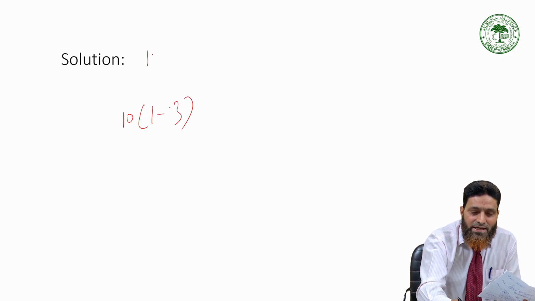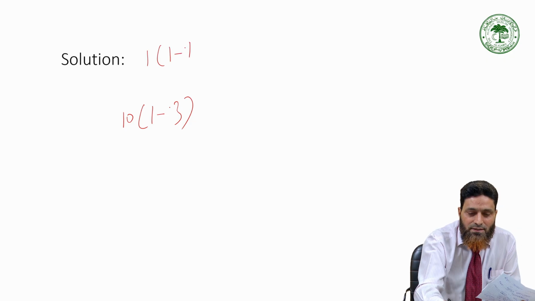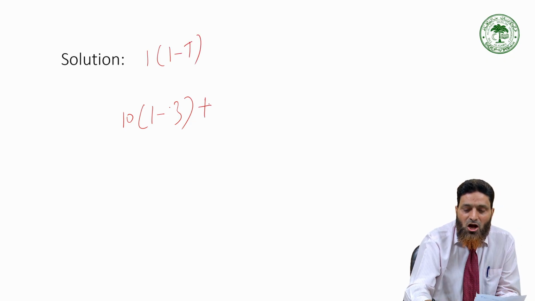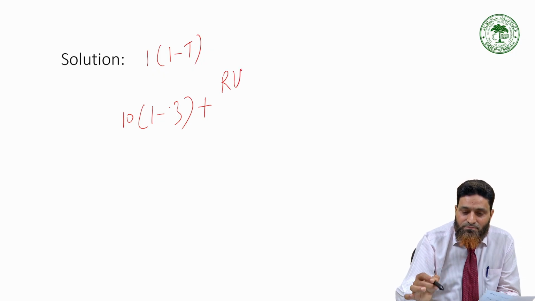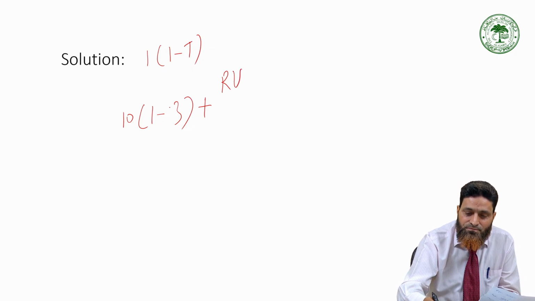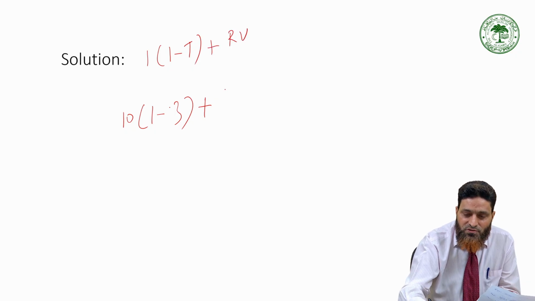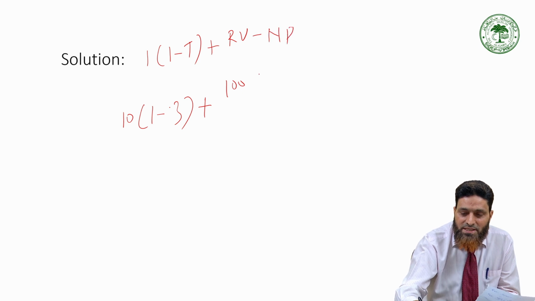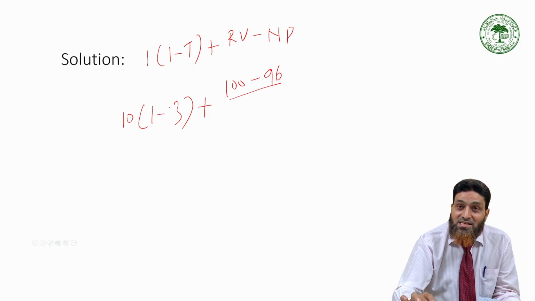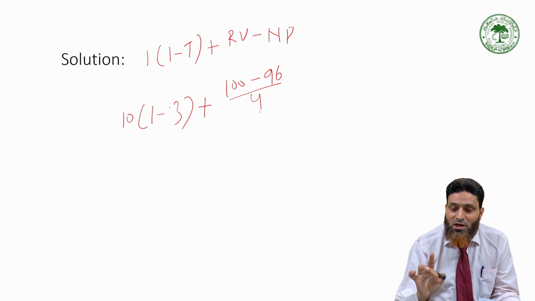So the formula is interest into 1 minus t, plus redemption value at the time of maturity, here 100 rupees, minus net proceed, the actual amount the company received, that is 96. So 4 rupees extra the company is paying, and if you divide by 4 years, you get 1 rupee per year additional cost apart from interest.